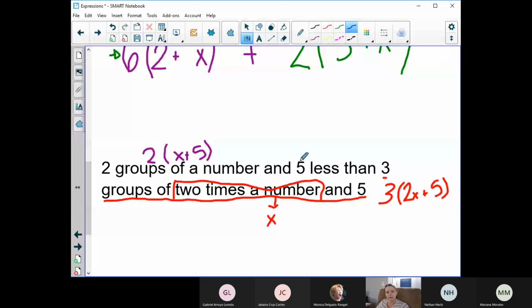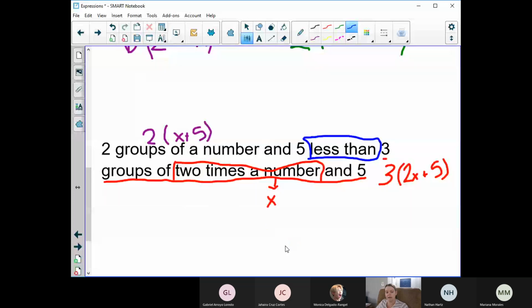Now we need to figure out how to write these two expressions together, showing this less than. Less than means I'm going to do what operation? We're going to do some subtraction, okay?